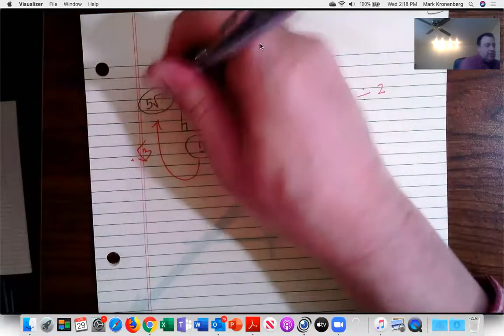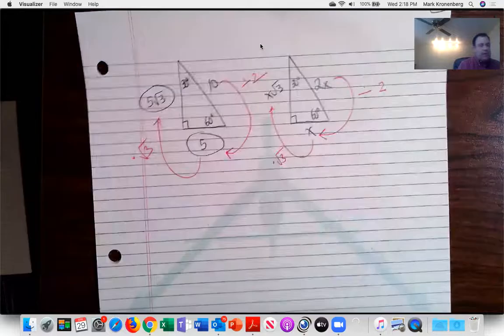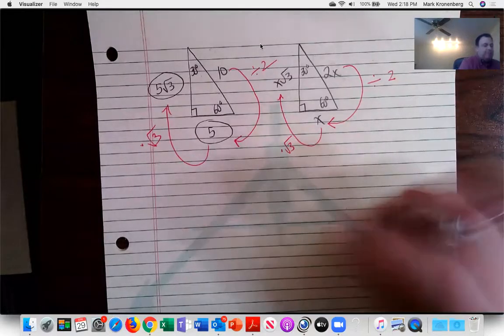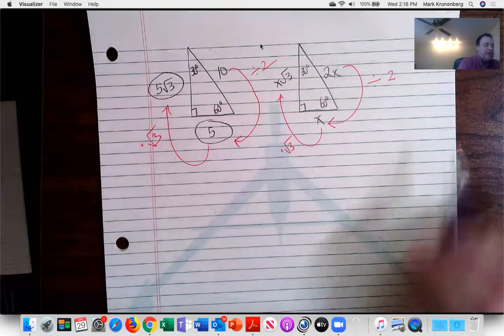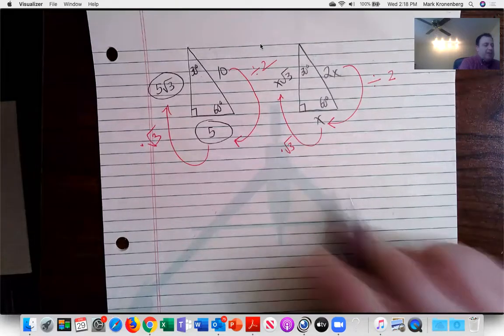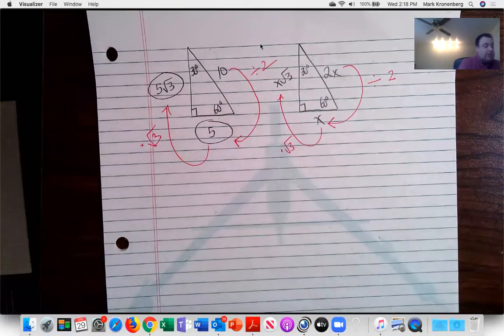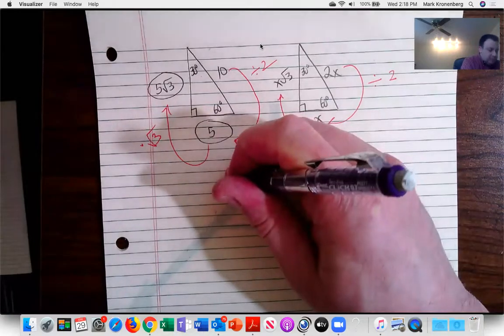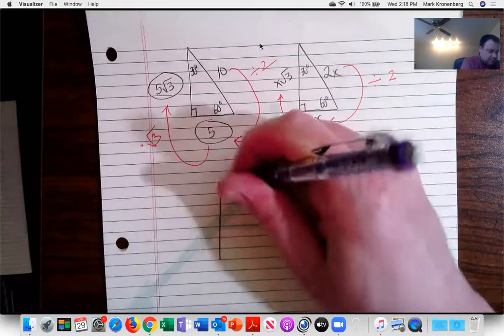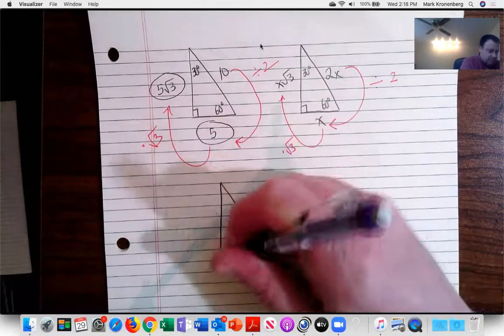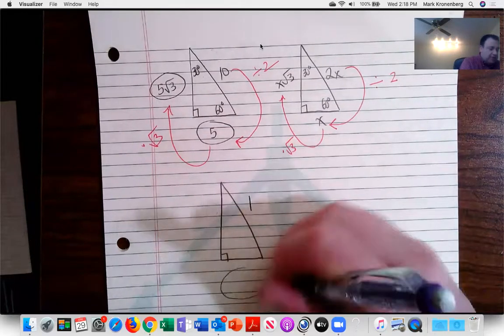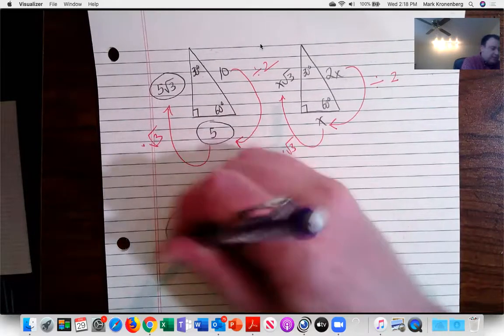Okay, so how do we apply this to the unit circle case in another lesson? Instead of the hypotenuse being 10, it's going to be important to have the hypotenuse equal to 1. So let's take a look. If the hypotenuse is 1, how big is this, and how big is this?